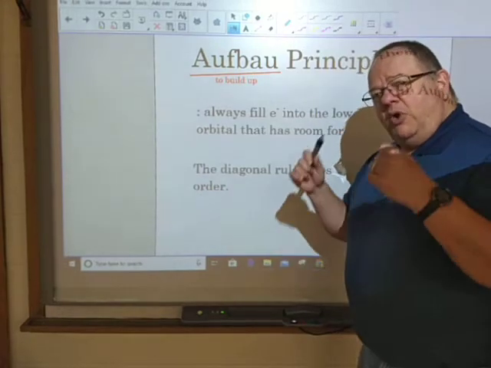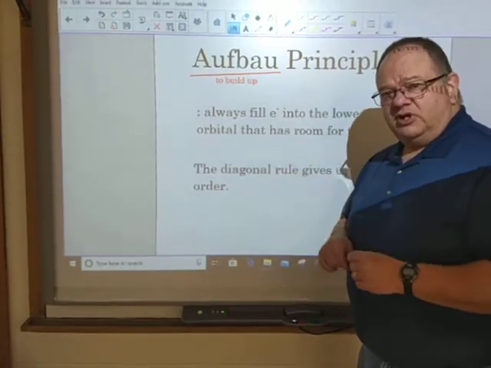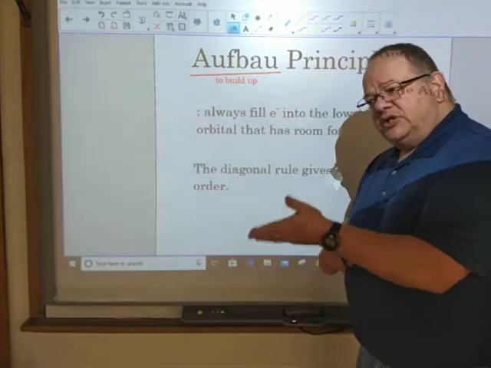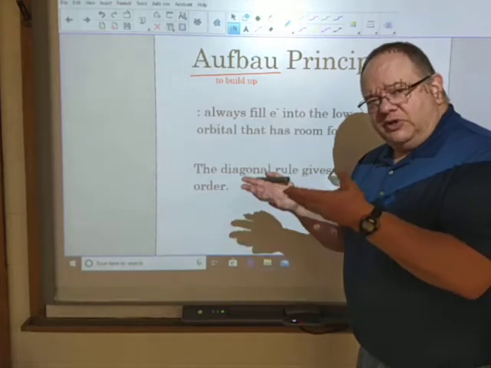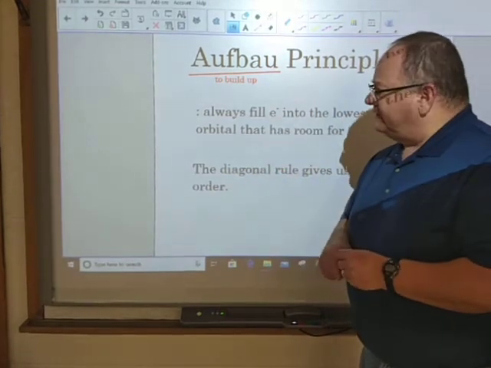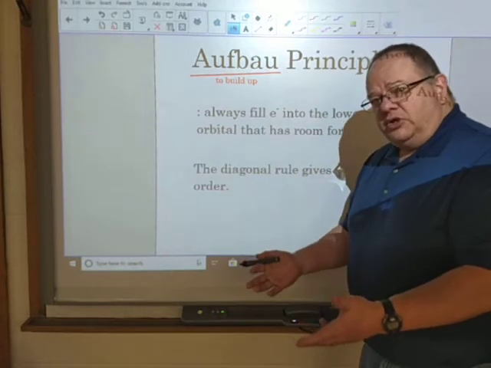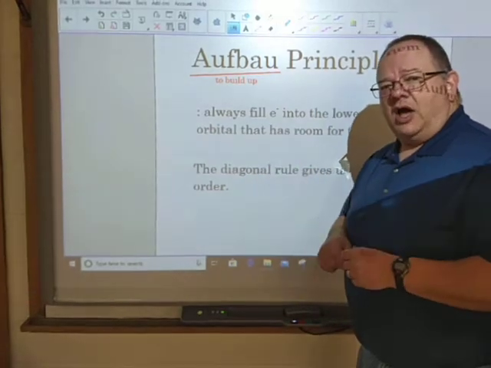So when you use your diagonal rule to fill electrons into an electron configuration, and you're going from the 1s to the 2s to the 3s, the reason you're doing that is because that's the order of increasing energy for our subshells and our energy levels. And so really when you use that, you're filling the atom from the lowest energy first and you're filling it up.